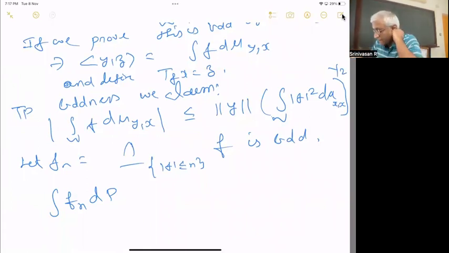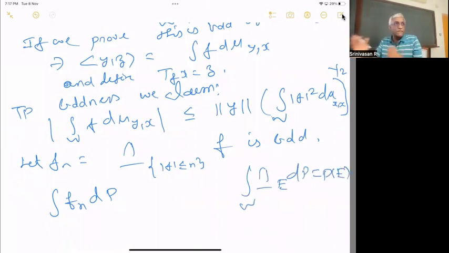If you have any indicator function 1e, then the integral of that over omega with respect to dp is just p of e. So you can integrate simple functions, which are sums of these things. If simple functions converge, then you can prove that the corresponding integrals, which are projections in the operators, will converge strongly to that. So this thing makes sense.